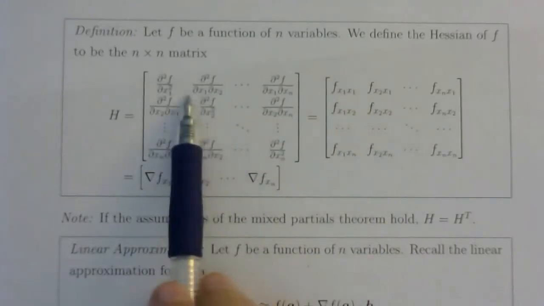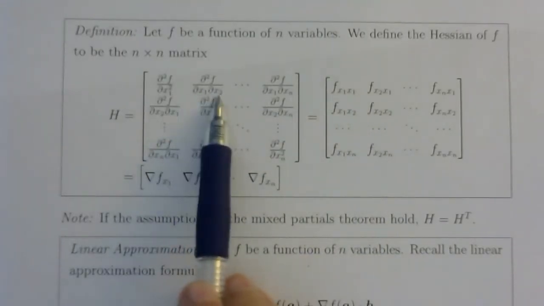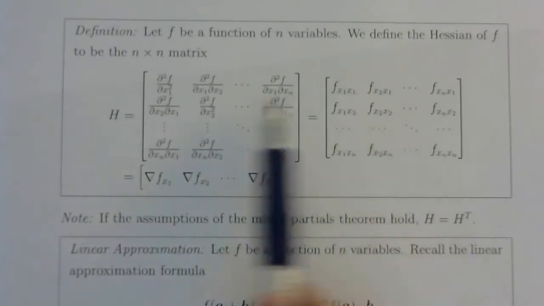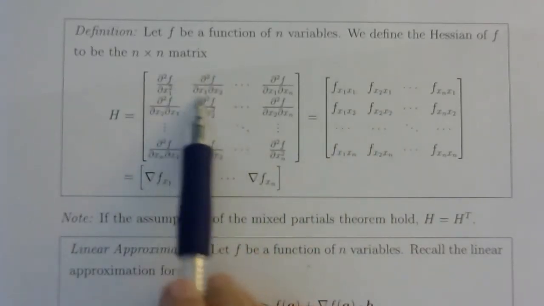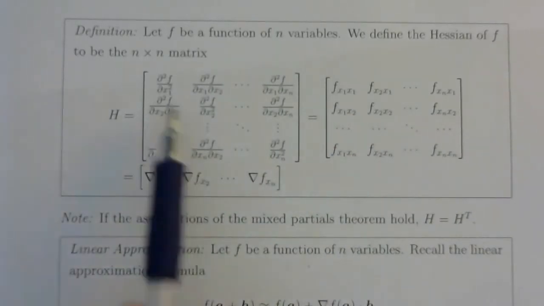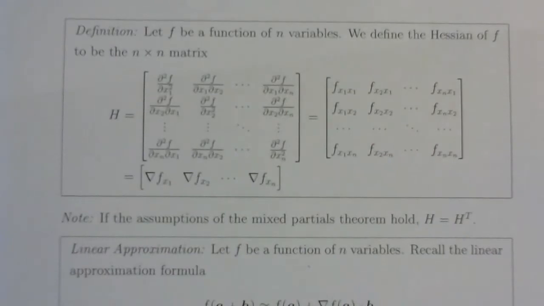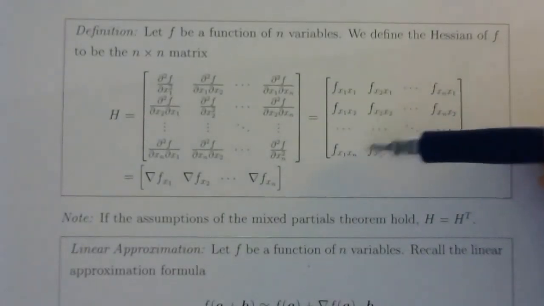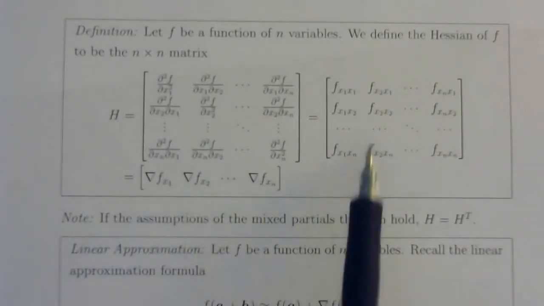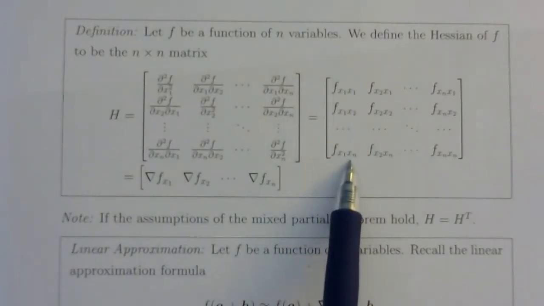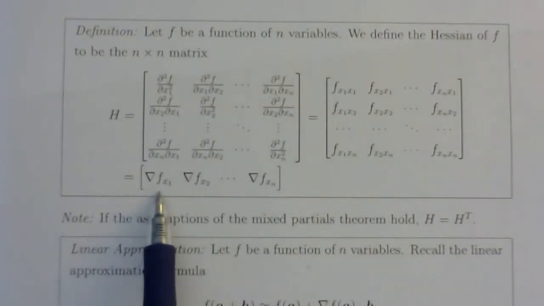Xi and then xj, if I think of it in the bottom, but then I guess the order of it is actually flipped, right? For example, the 1, 2 entry would be the partial with respect to x2 and then x1. I can write it here with the partial signs or our shorthand, or I can actually look at the columns of this and notice that this is the derivative with respect to x1 of the gradient of f.